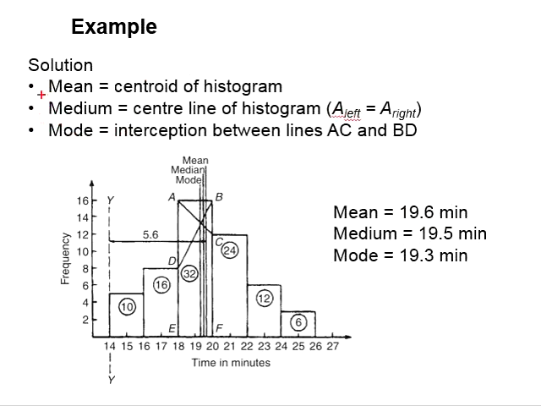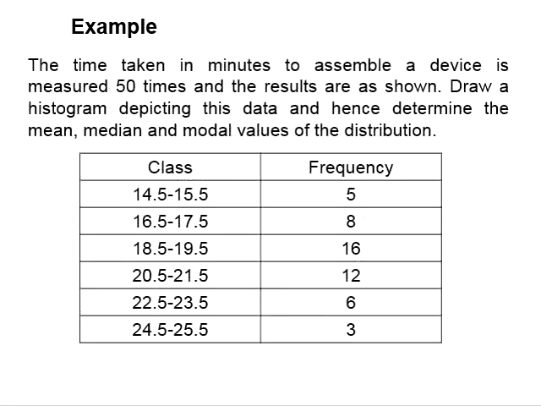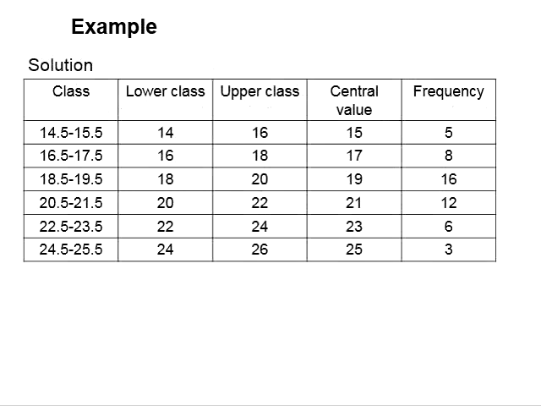Next, you can determine the median of the histogram. First, you need to determine the positions of the 25th and 26th terms, as the 25th and 26th terms will be the two middle terms within the 50 total frequency.